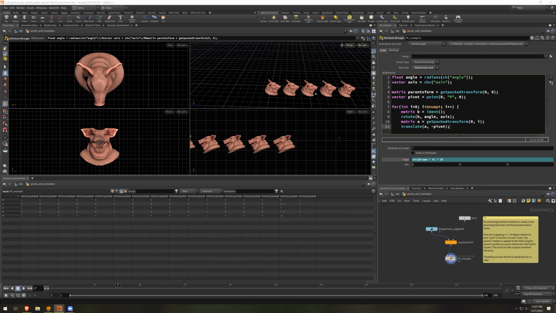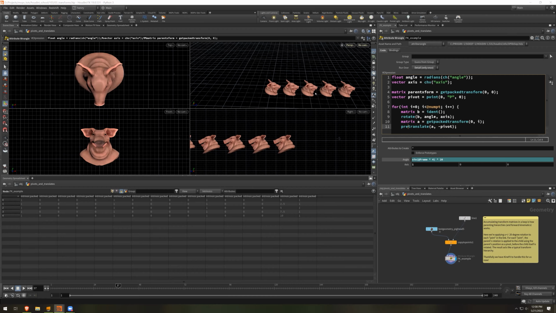This is a weird distinction, but in order to get this translation to happen without the rest of the matrix interfering in that direction, we can instead say pretranslate, which is a convenience function that VEX gives you to say we want to do this translation before we do any other wild stuff with this matrix, before we consider anything else. There are also prerotate and prescale functions. If you're messing around a lot with kinematic effects, you'll start seeing those coming in handy, especially prerotate when you want to define rotations in local space and not end up getting really weird results.